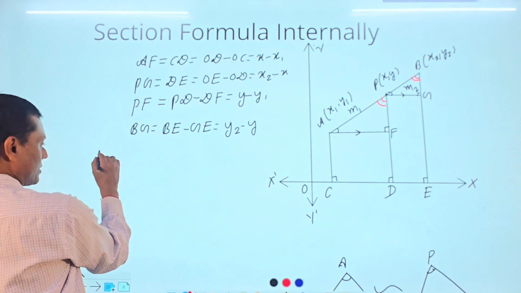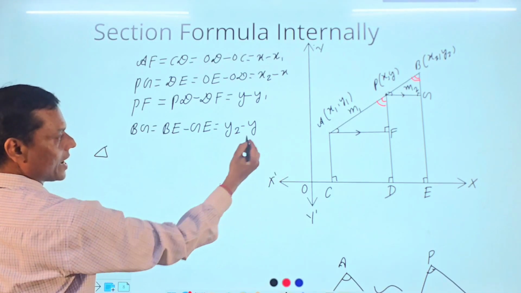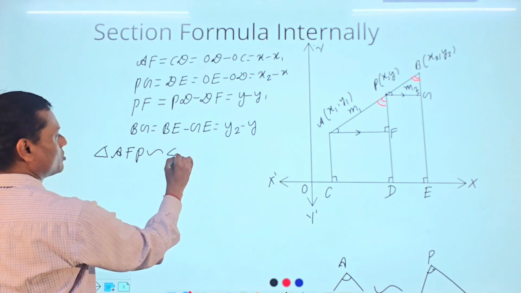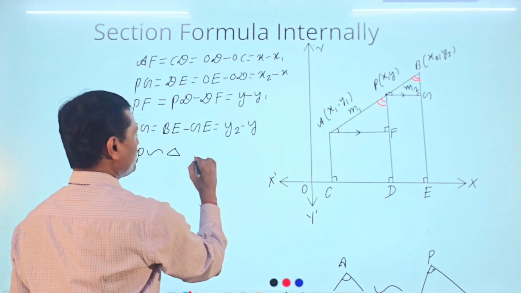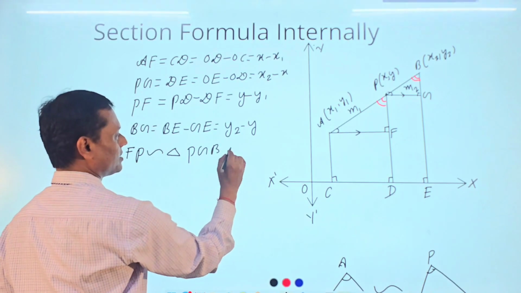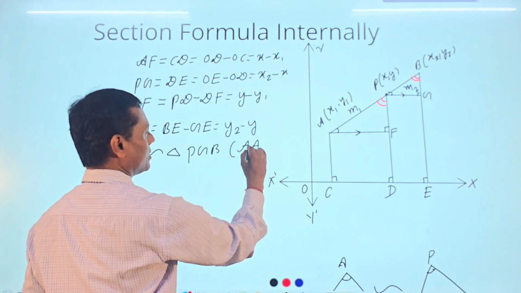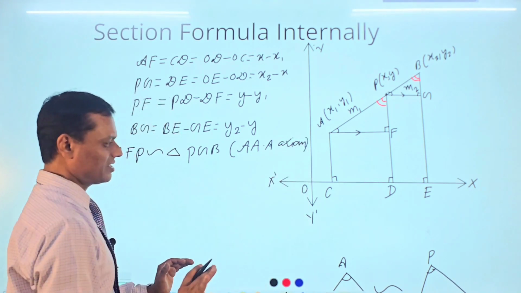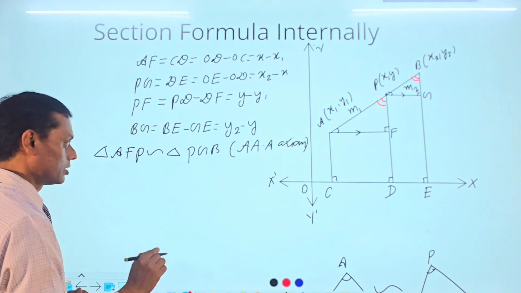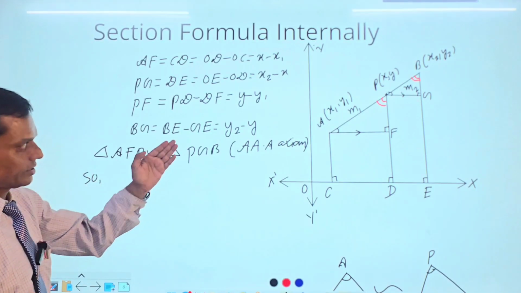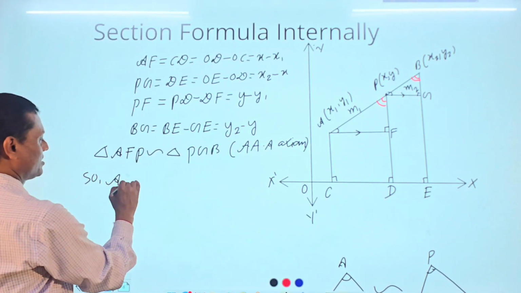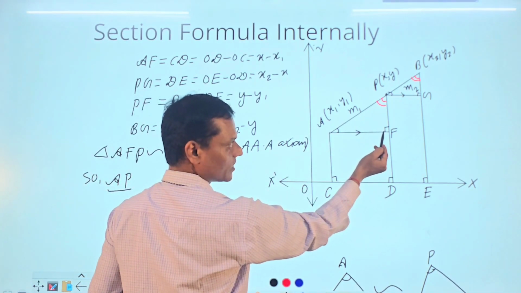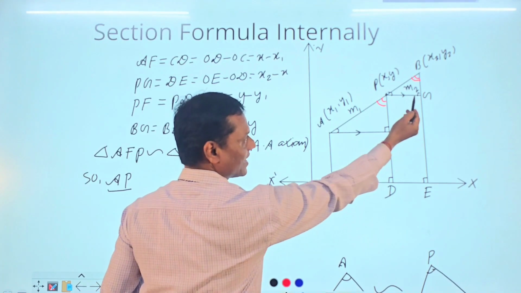Then after that, triangles. See carefully, triangle AFP is similar to triangle PGB, isn't it? The sides are proportional, so what can you write here? AP over PB. AP, listen here, 90 degree is opposite, and this 90 degree is equal to that 90 degree.